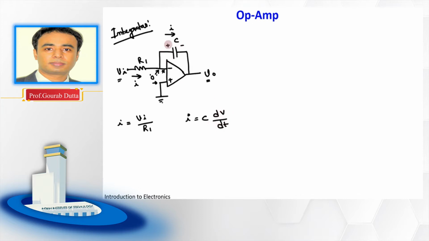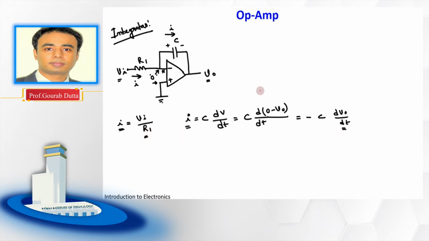This V is the voltage developed across the capacitor. For this particular case, this side is 0, and this side is V naught. So it will be C into (0 minus V naught) derivative, so we can write it as minus C into dV out by dt. Now as these two are the same current, both sides you can see here I, we can equate these two terms.